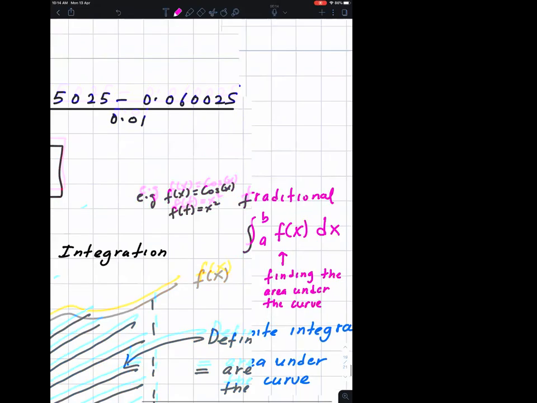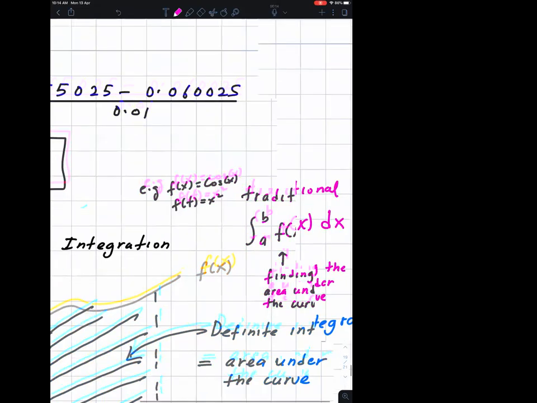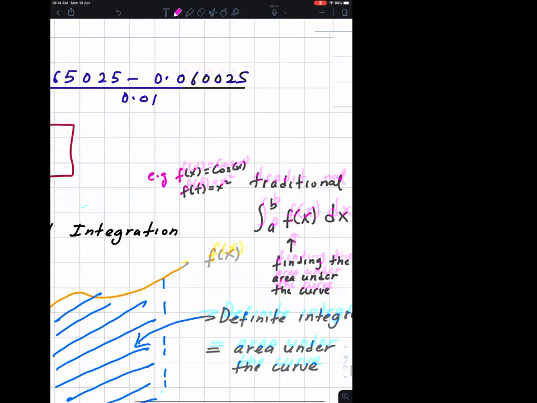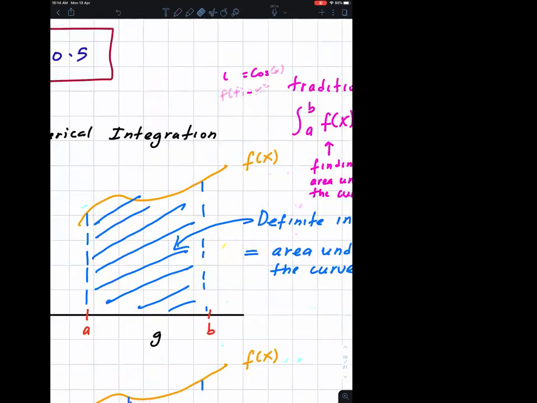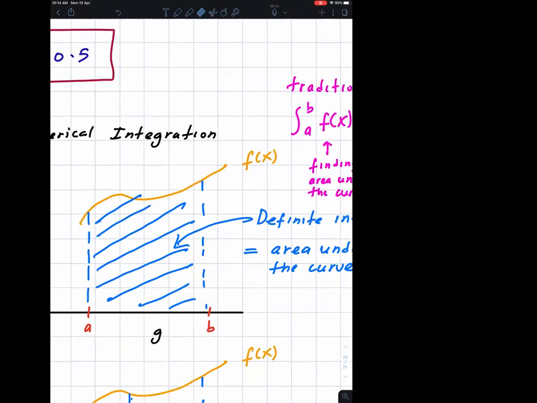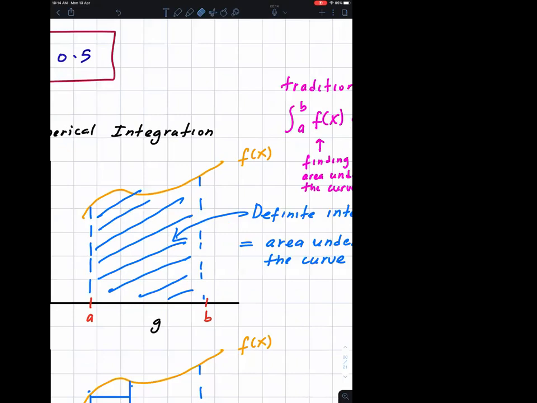But what happens if you have a function and the integration is very difficult using the ordinary method, the traditional method? In that case, we will use numerical integration.